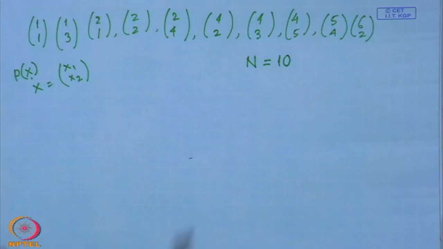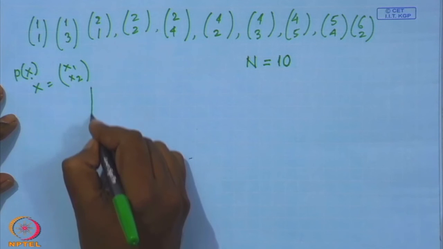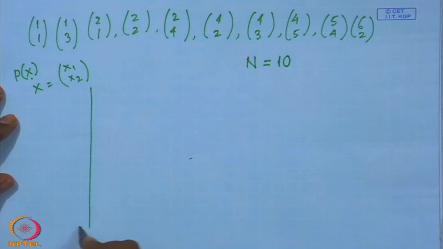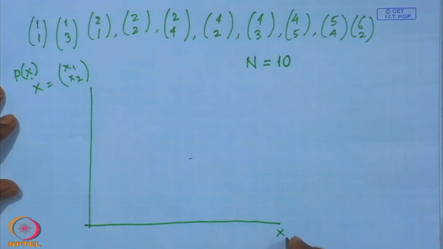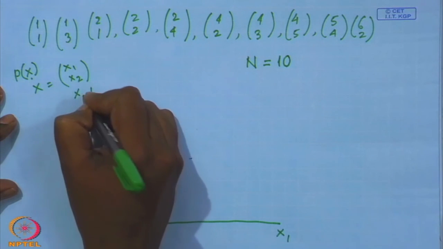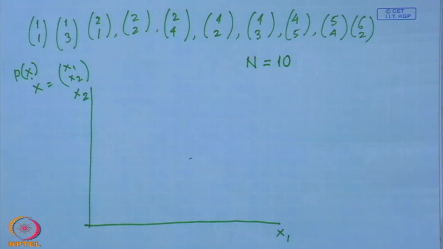So, I will consider a two dimensional feature space having x1 and x2 as two different axes.